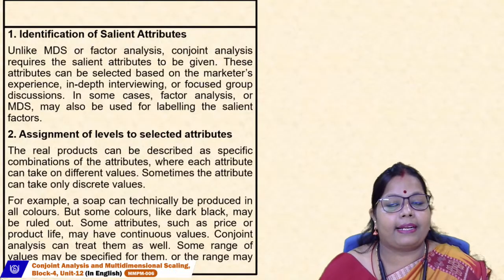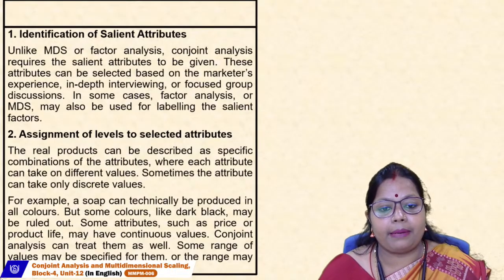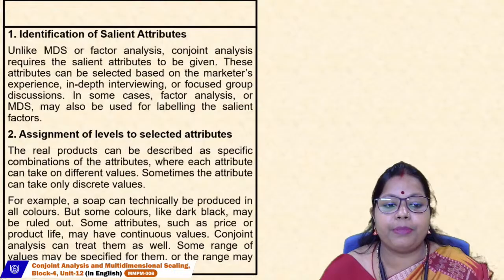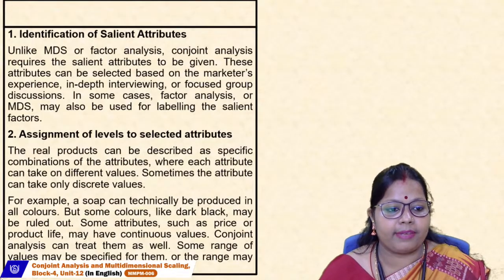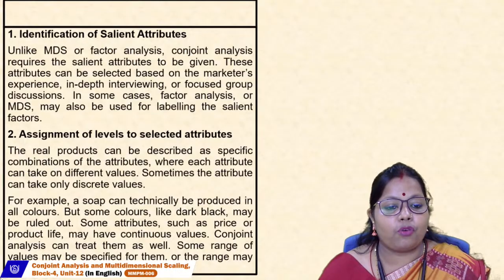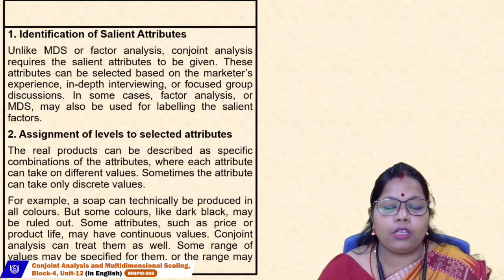Then, second, after identification of the attributes, we move to the assignment of levels of selected attributes. Once we have identified them, the real product can be described as specific combinations of attributes, where each attribute can take on different values. Sometimes the attribute can take only discrete values. For example, a soap can technically be produced in all colors.